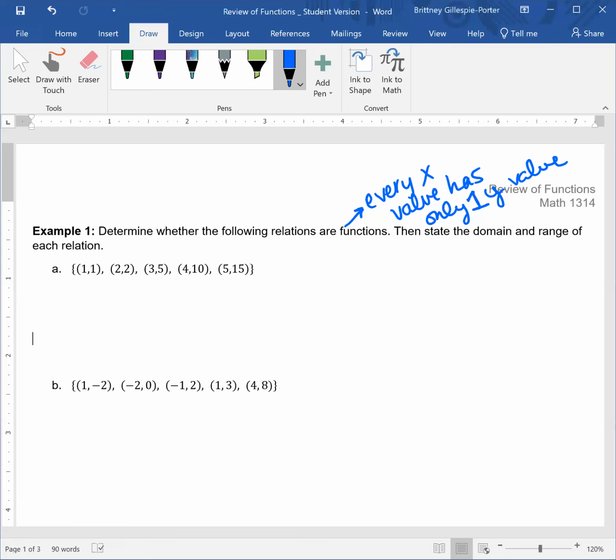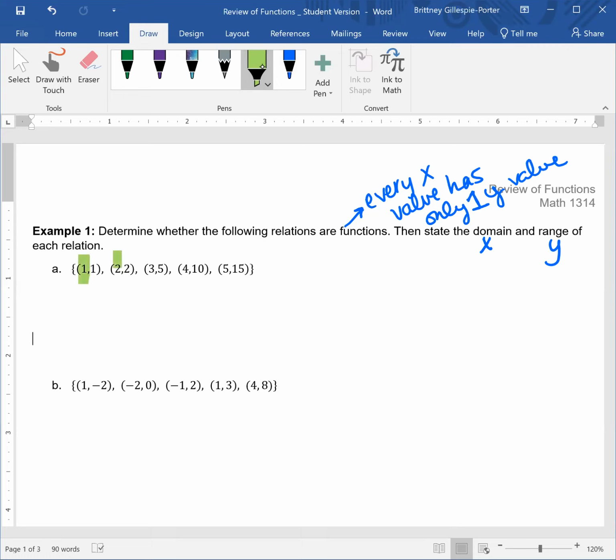So what we're going to do is go through, determine whether or not they're functions, and regardless if it's a function, we are going to state the domain and range. Remember, domain is x, range is y. So here, when we look at our ordered pairs, let's look at the x values.